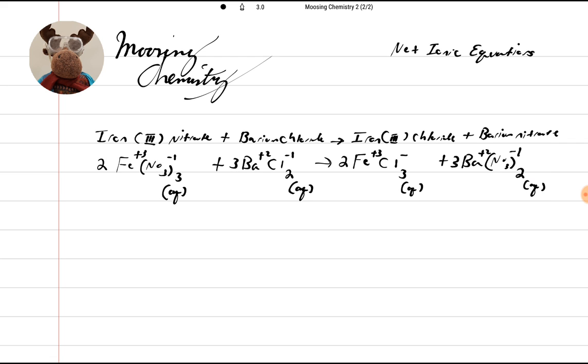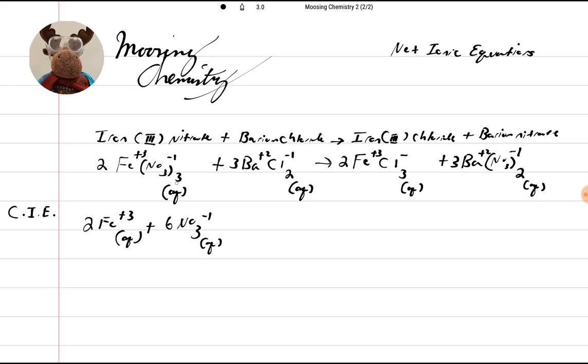Now let's do the CIE. We're going to break this into 2Fe plus 3 aq plus 6NO3 minus 1 aq. Where did that 6 come from?